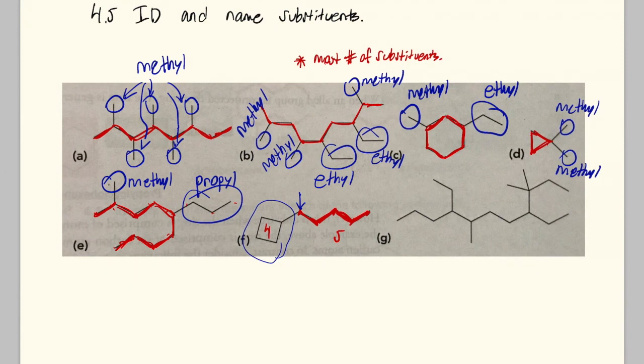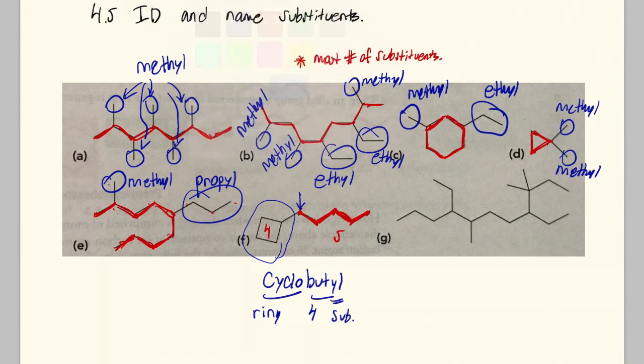We only have 4 carbons in the ring. So this is a cyclo. Remember, we use the prefix cyclo for rings. This is a cyclo, bute for 4, and then we add YL to indicate it's a substituent attached to something. Okay, so cyclo means ring, bute means 4, and YL means it's attached or it's a substituent.